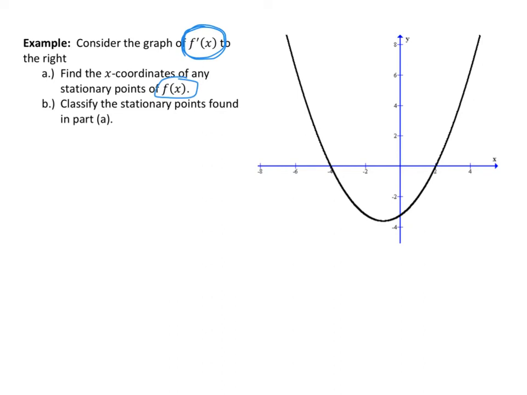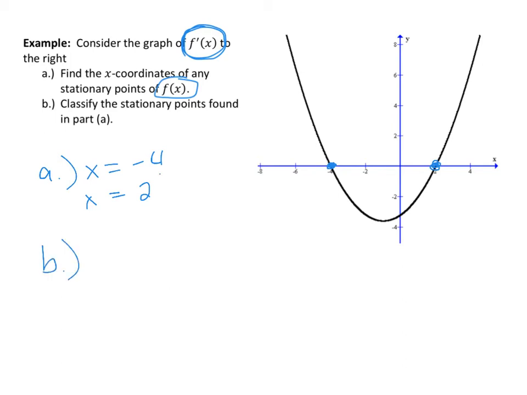For right now, I'm asking where is this graph 0? Where is the derivative 0? And hopefully you're noticing, oh, well, it's 0 right there and right there. So the answer for part A in this question is that my stationary points, the x-coordinates, are x is -4 and x is +2.